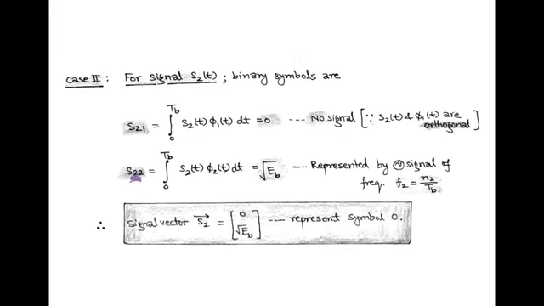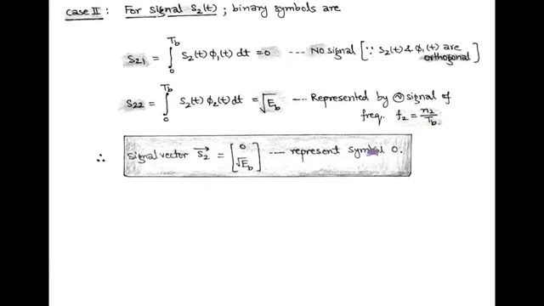While for symbol coordinate S22, that is equal to the integration of S2(t) phi2(t) dt, the result is square root of EB and it represents a sinusoidal signal of frequency F2 equal to N2 upon Tb. This coordinate S22 represents signal vector S2 having coordinate values 0, square root of EB, and this represents symbol 0.